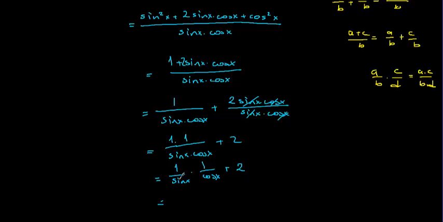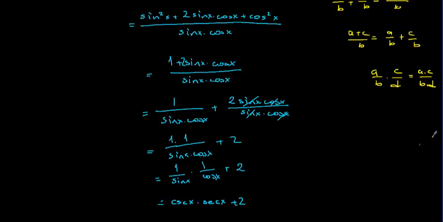If we continue like this, 1 over sin x, as I said, is cosecant x. 1 over cosine x is secant x, plus 2.